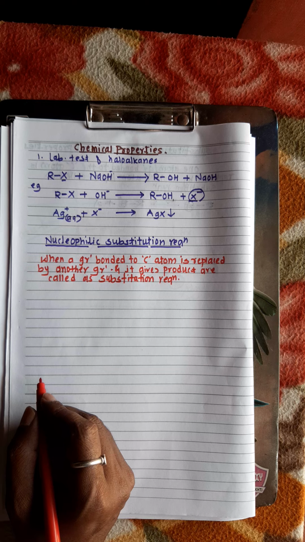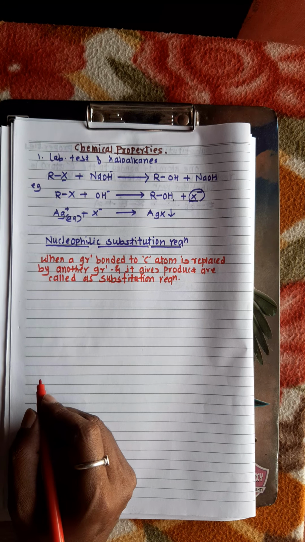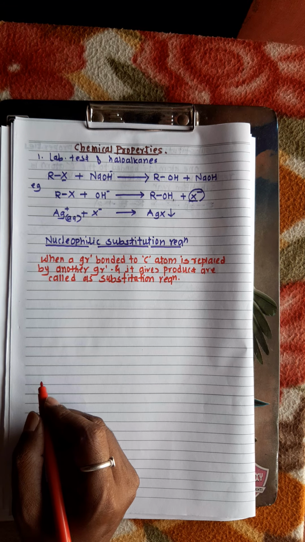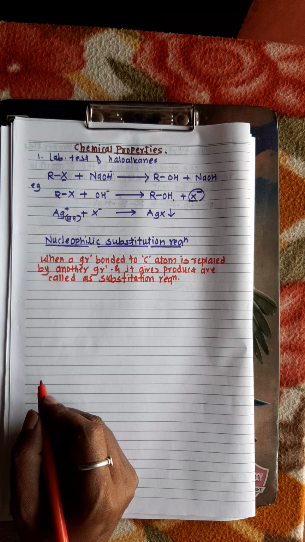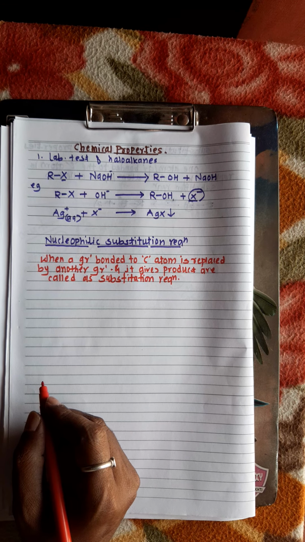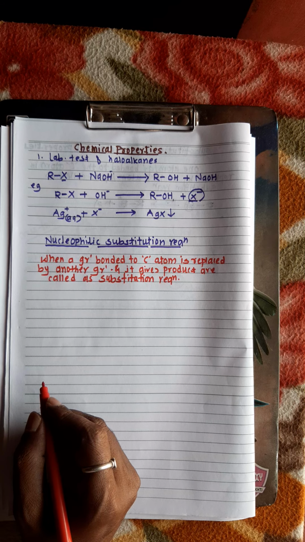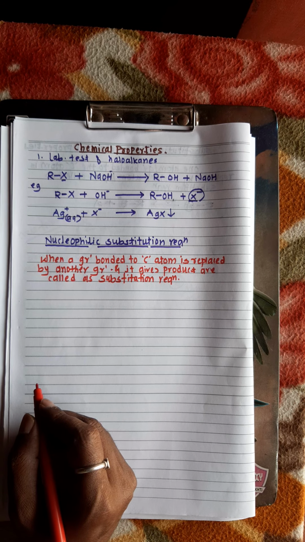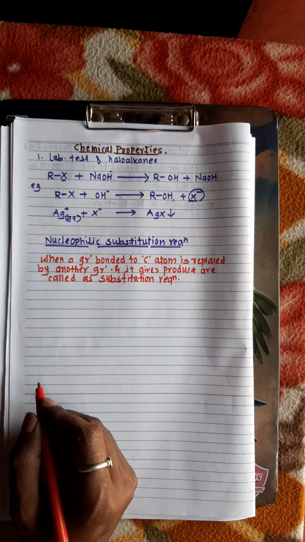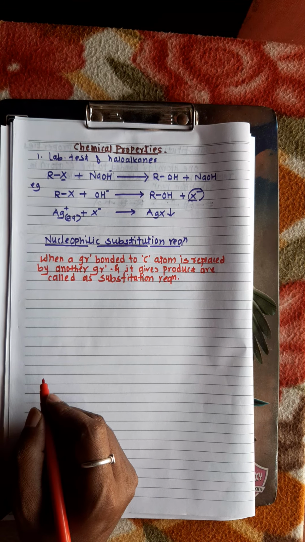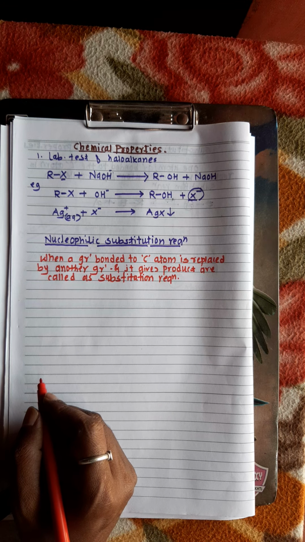In this point, the halogen atom is attached to an sp3 hybridized carbon atom, and this reaction entirely takes place across the polar C-X bond in the alkyl halide.